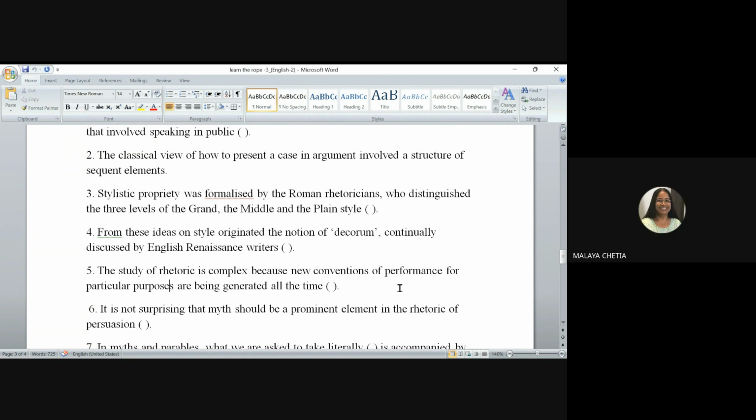The first part, ma'am, from these ideas. That's a full sentence, no? It's an independent clause. We don't have anything that is subordinated.